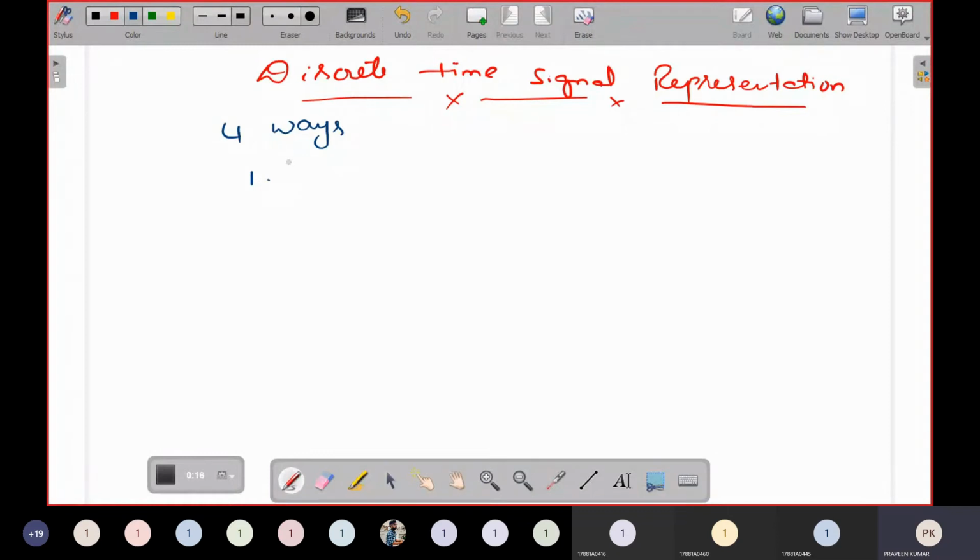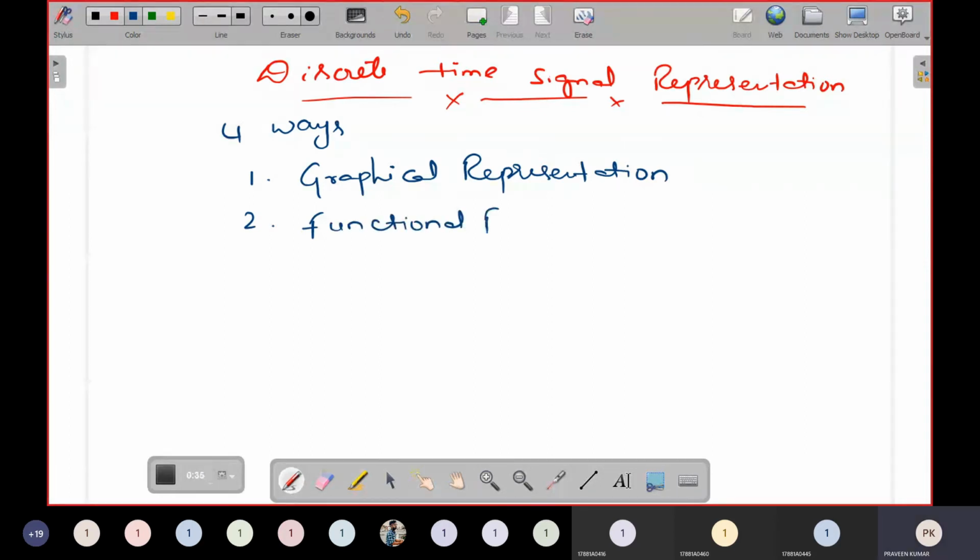One is the graphical representation, the second one is functional representation, the third one is tabular representation, and the last one is sequence representation.